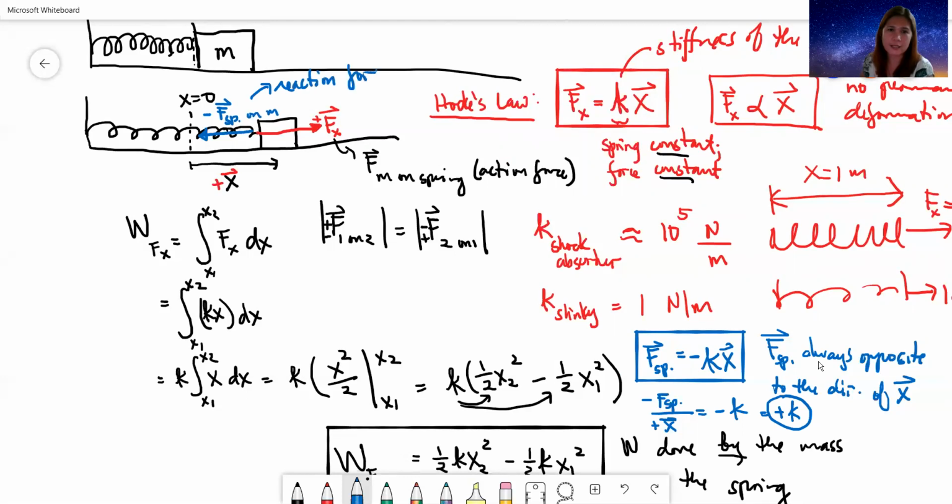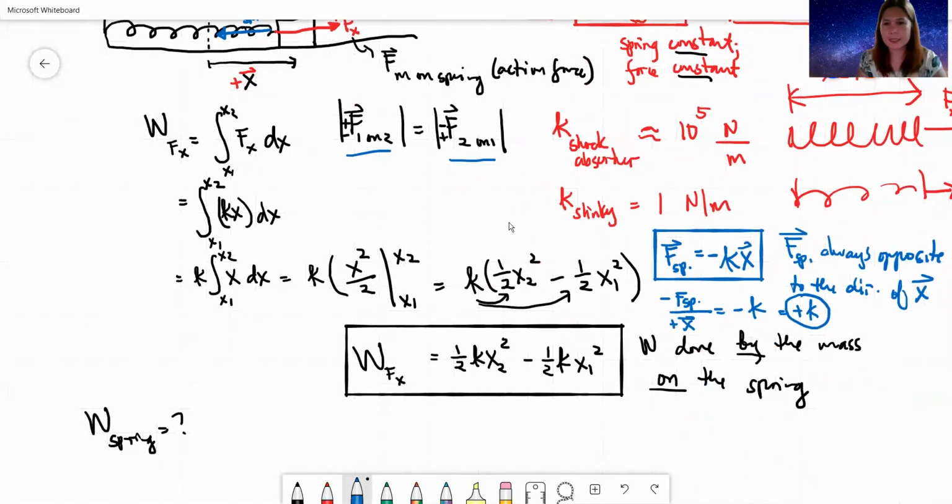At the same time, the spring force is a reaction force. If we take the Fx as the action force, although they can be reversed, then in action-reaction, same strength, opposite direction. Since they have the same strength, we are still using kx, but we put a negative because it is a reaction force. So what happens now in our equation when we solve for the work by the spring?